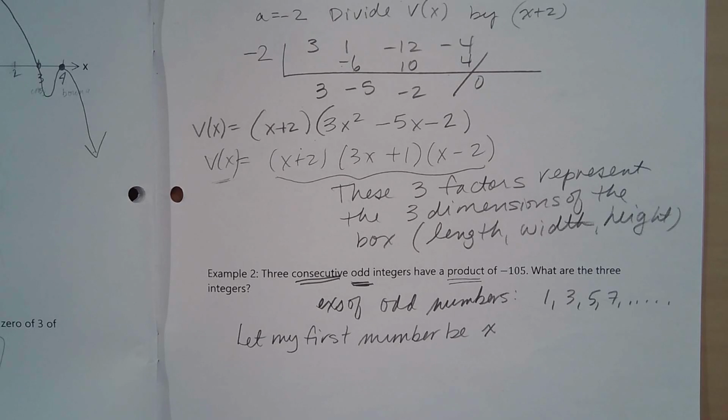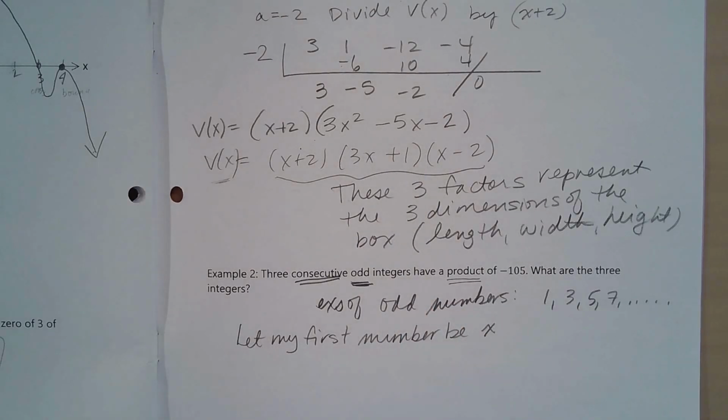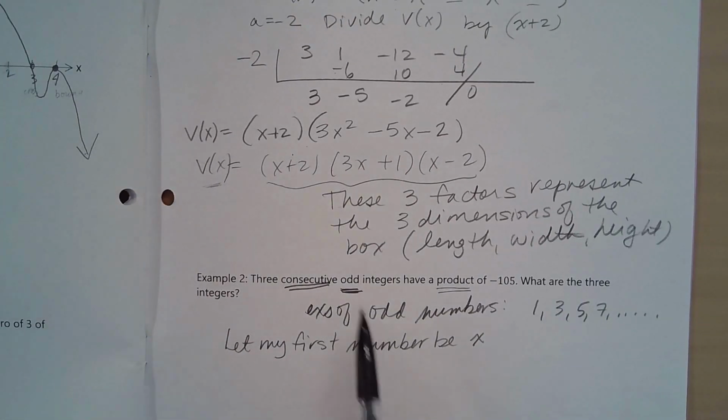Now, in math, if I only have one statement, I can only solve it if it has one variable in it, right? So it doesn't help me at all to call my first number x, my second number y, and my last number z. You won't be able to solve a math problem if you call all your numbers different variables.